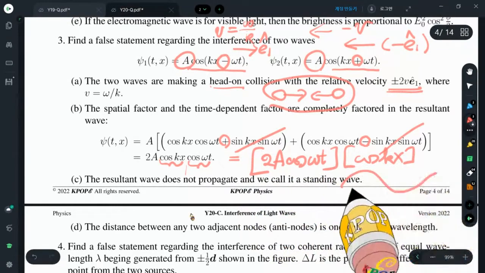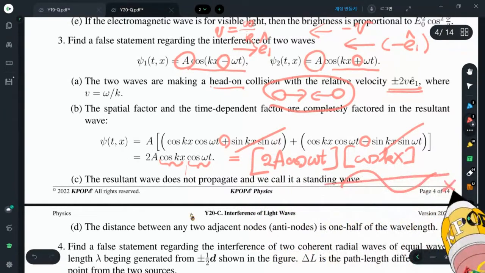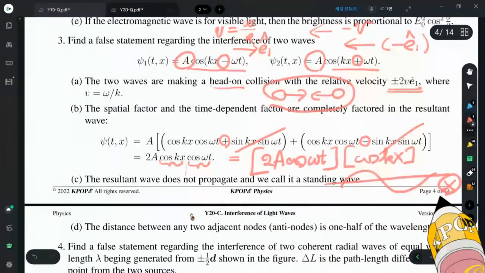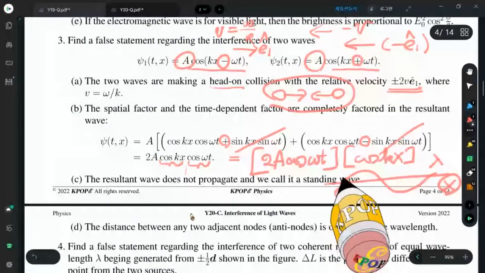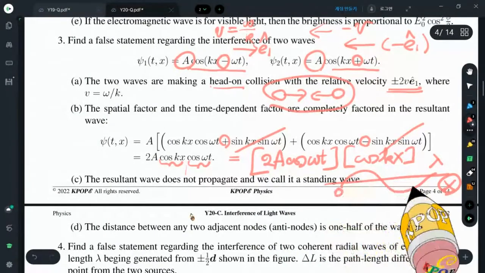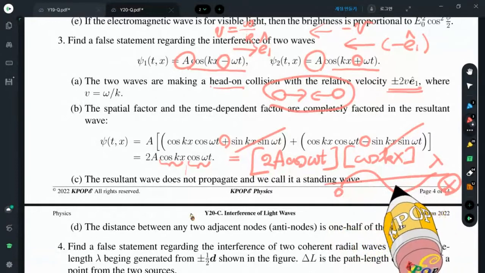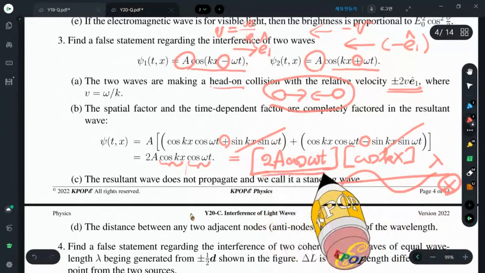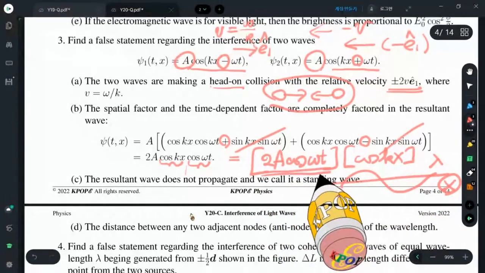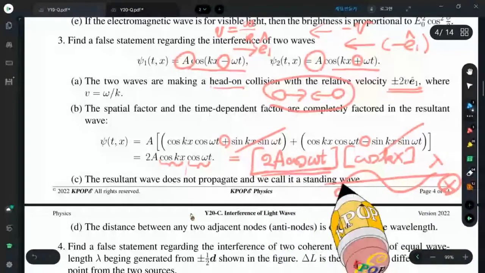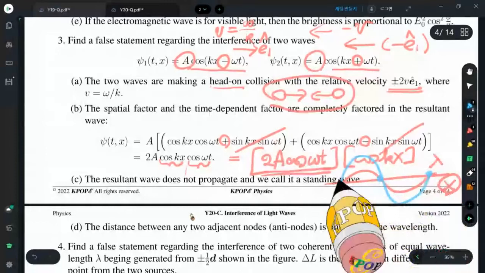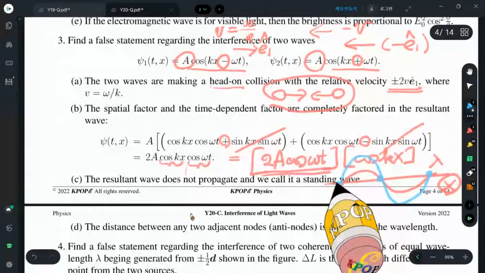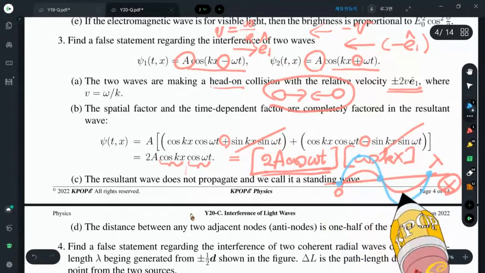In space, along the x-axis, we have lambda, if we choose this one to be the origin, this kind of shape. And if we consider the time-dependent factor, you can observe these nodes and antinodes.